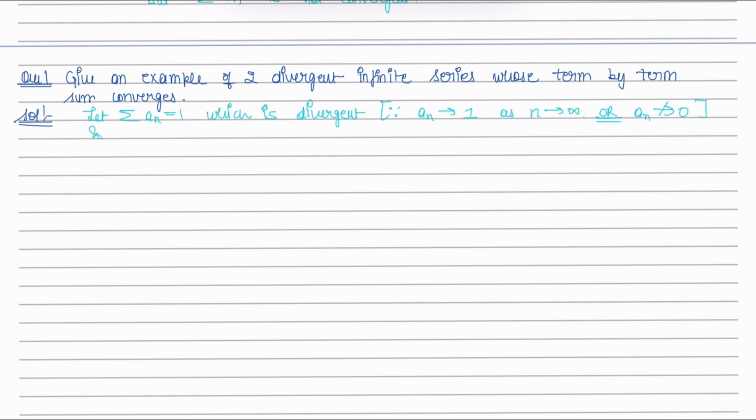Similarly, we can let another series bn which is minus 1, which is also divergent, because bn tends to minus 1 as n tends to infinity. But summation an plus bn is equal to summation 1 minus 1, which is a zero sequence, and this sequence is always convergent.